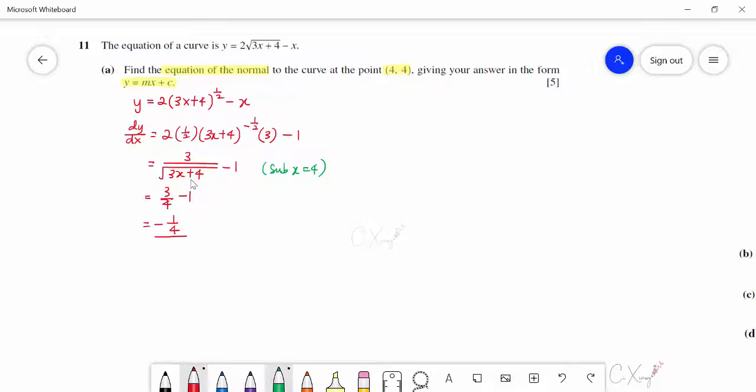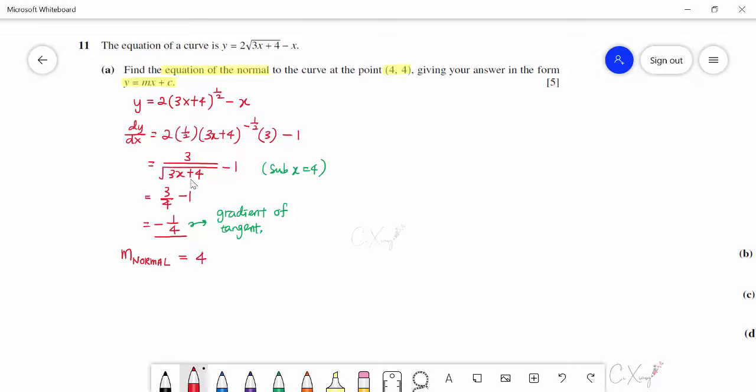You need to know that this value is the gradient of the tangent. Now to get the gradient of the normal, we use the property that the gradient of the normal multiplied by the gradient of the tangent equals negative 1, because they are perpendicular to each other. So the normal gradient will be equal to 4.